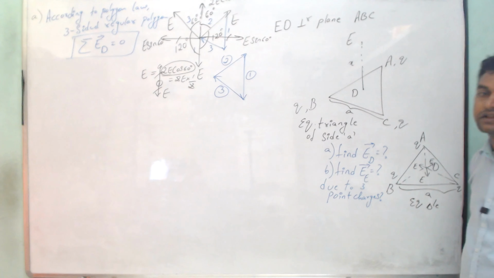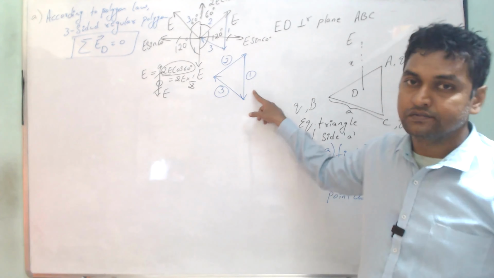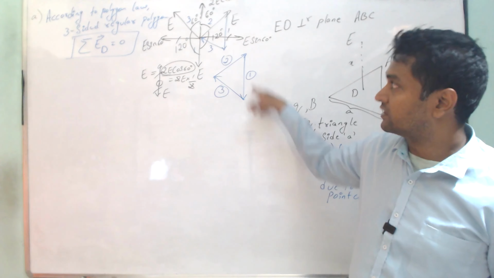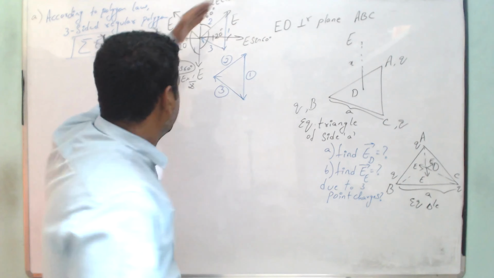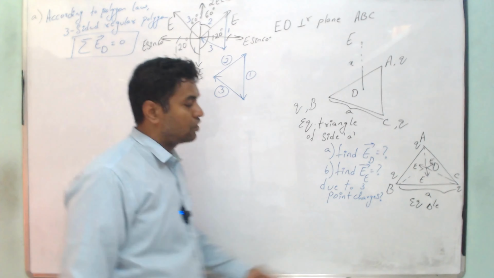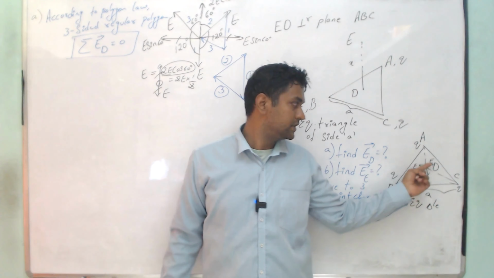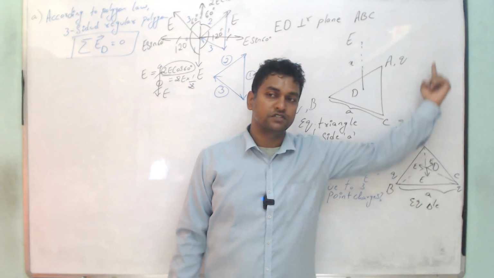That diagram. This diagram, yes. No, the above one, the one where you're forming 60 degrees. We took components. Component due to this E vector along the vertical line will be E cos 60.